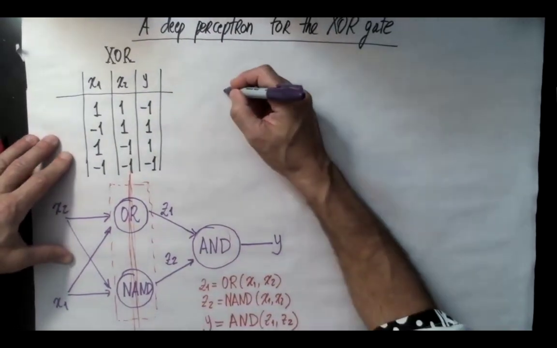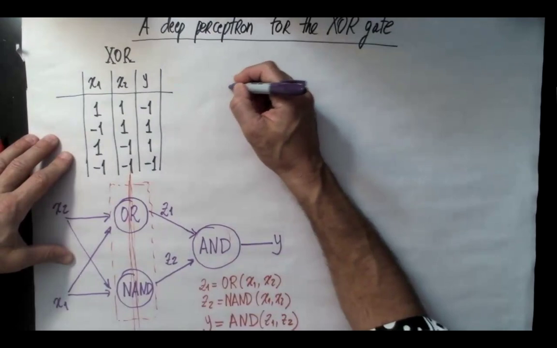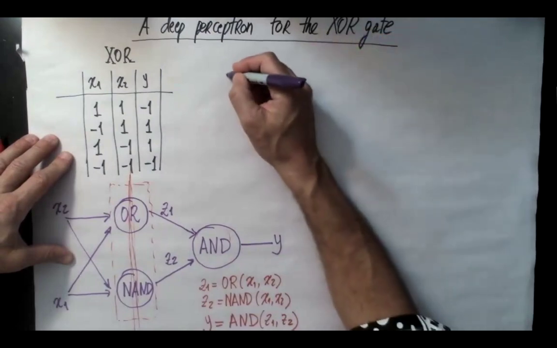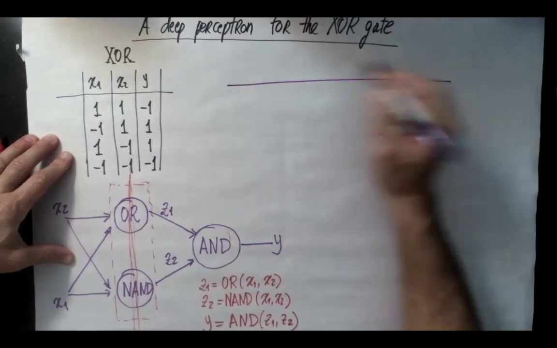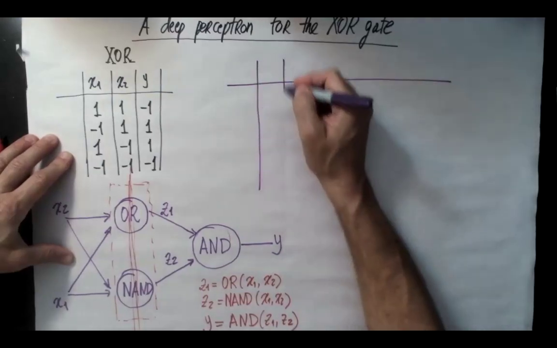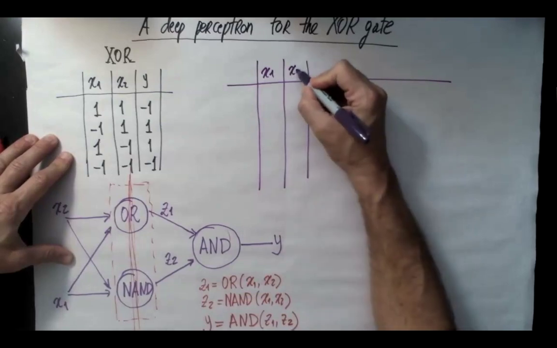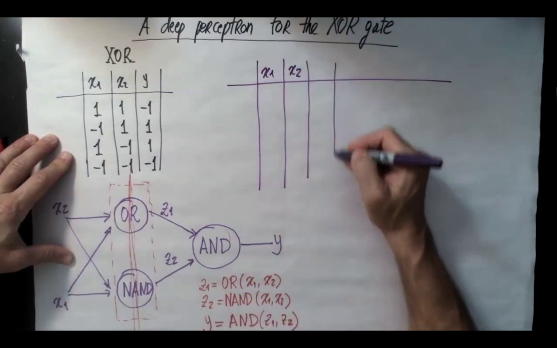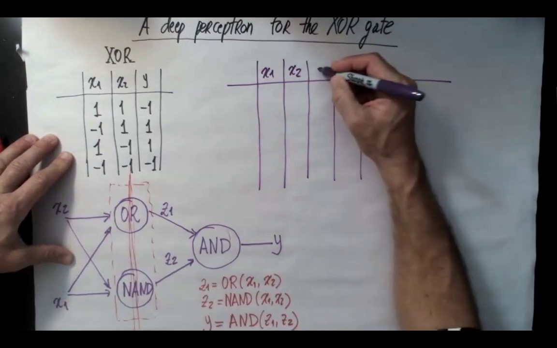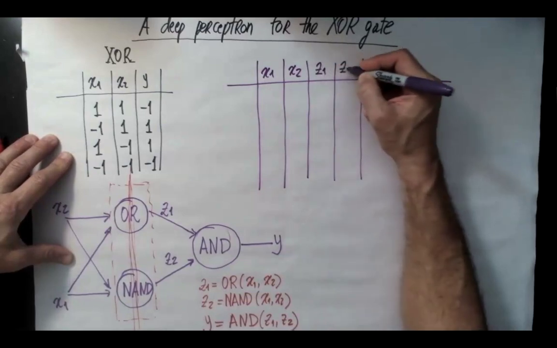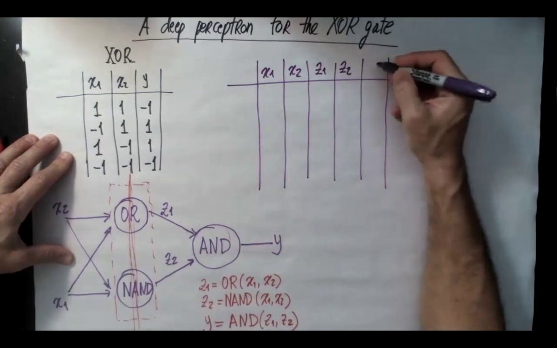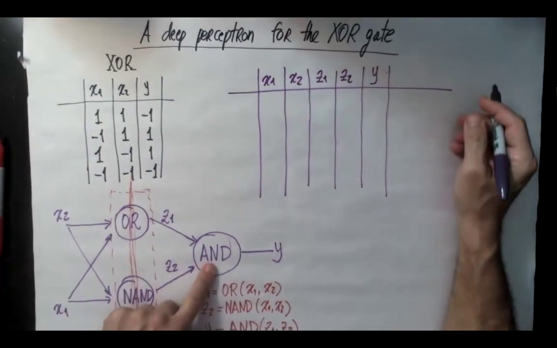To do that, we're going to make another table, in which we have the inputs x1 and x2, then the two outputs Z1 and Z2, and then the output Y of the last layer.